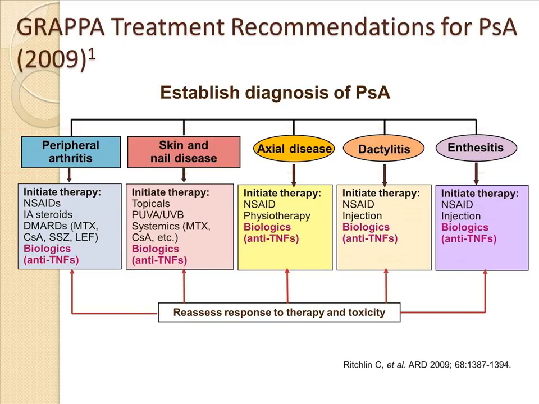We also go according to the level of evidence. For peripheral arthritis and skin disease, the traditional DMARDs, disease-modifying agents, perhaps have a little bit of evidence, but for most of these domains, you may require anti-tumor necrosis factor for better treatment.